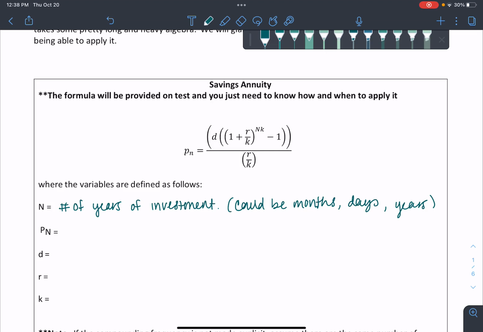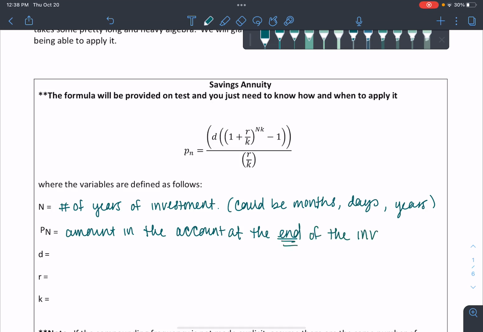Okay, so the next thing that we're going to look at is P sub N, and that is going to be the amount in the account at the end of the investment period.